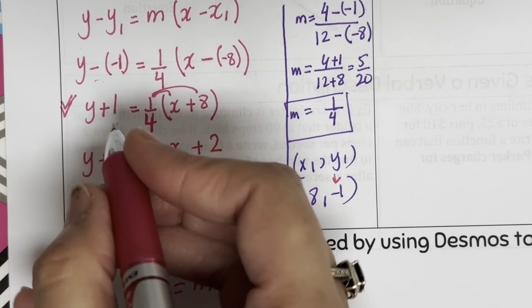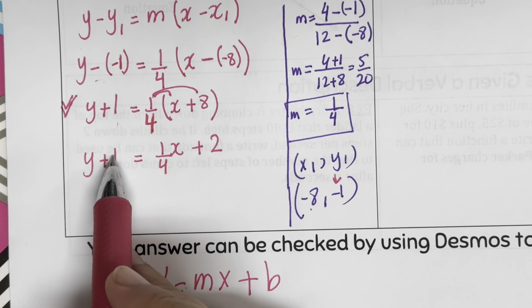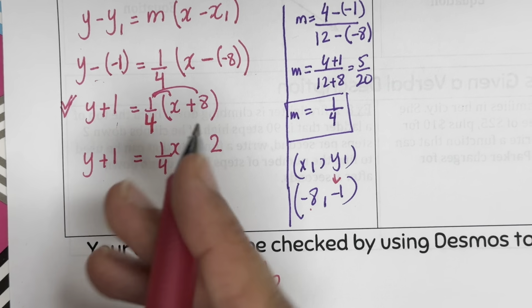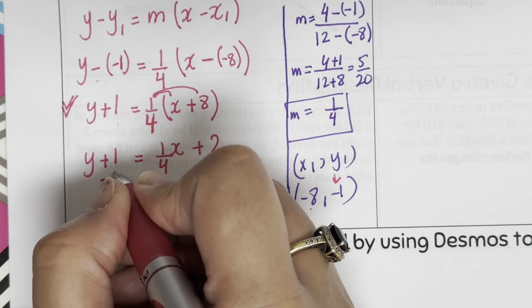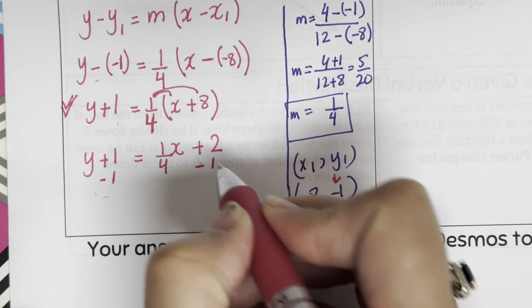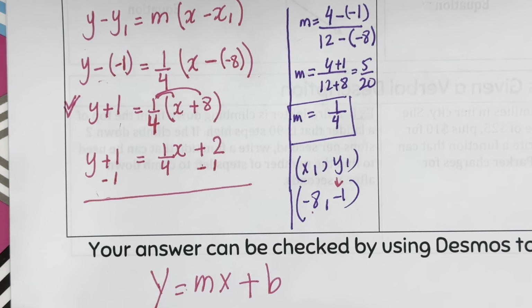Next step, y should be by itself. It should not have the plus 1. I need this plus 1 gone. So I have to do the opposite operation, which is minus 1. Minus 1 is a number, so it's going to go under the number. So this cancels out to 0.